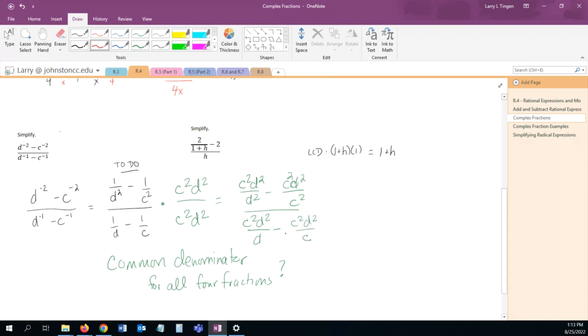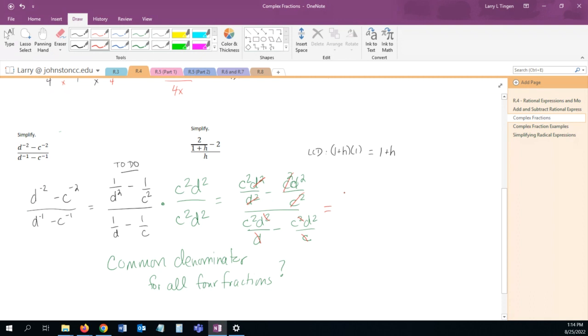Now, we're clearing the fractions. So if I did this right, the fractions will go away. I won't have a complex fraction anymore. The d squareds divide away, c squareds divide away. One of the d factors divides and one of the c factors divides.